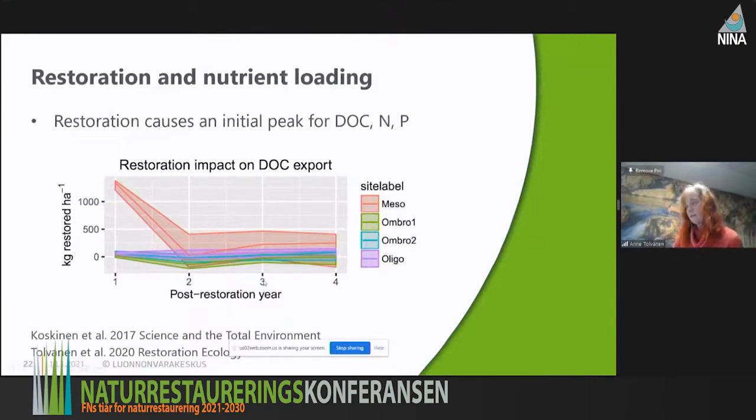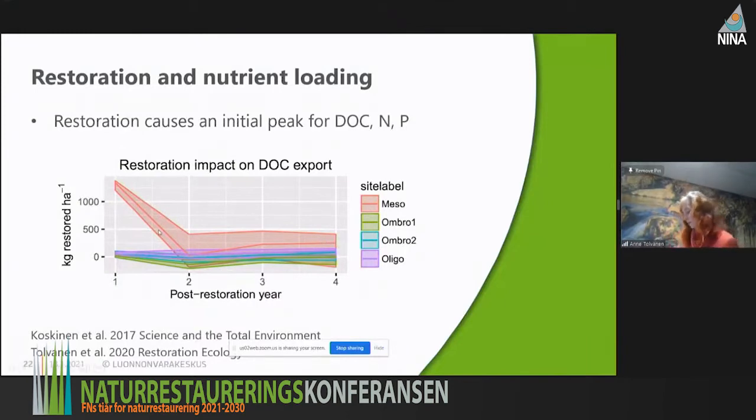In this study, the increased nutrient runoff settles down quite quickly, but there are field experiments where the increased nutrient runoff can last over 10 years, but not forever anyway.